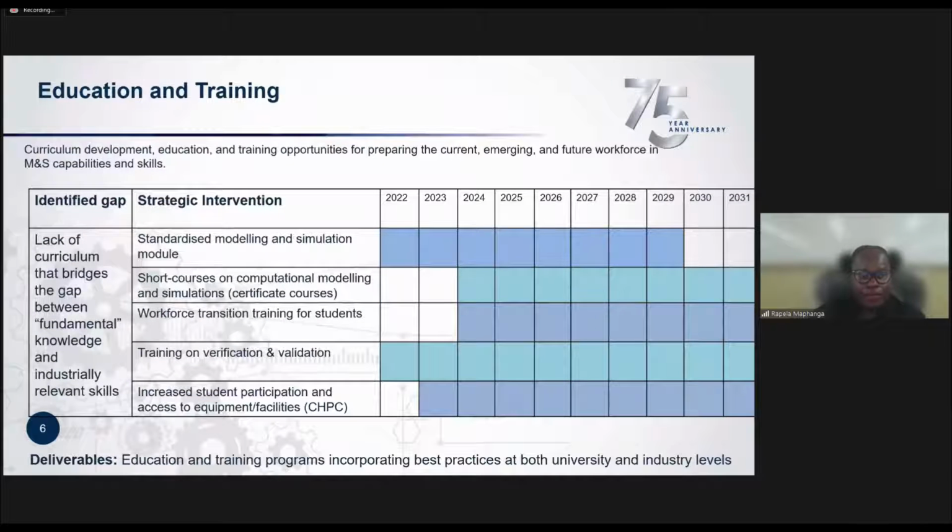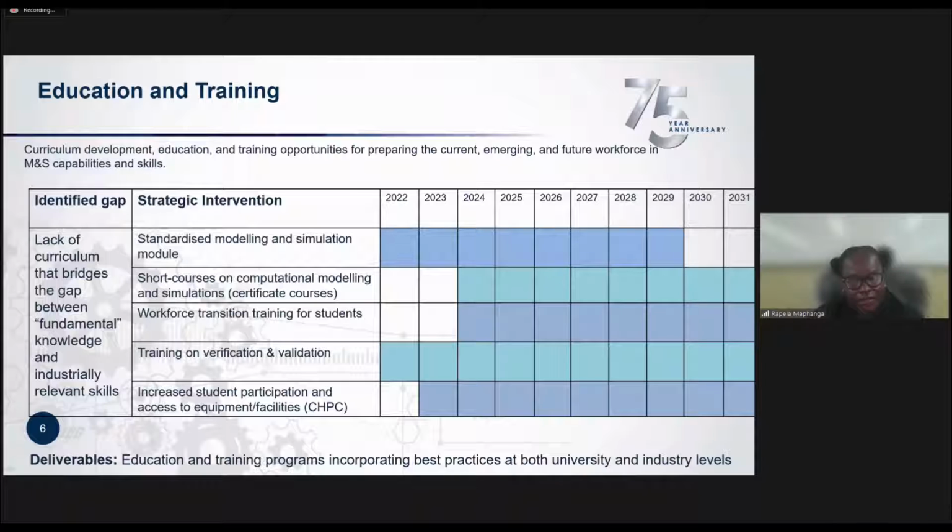Then I talked about the importance of education and training. So this is one of the programs that was identified, and I know that in most institutions at the moment, there are no special programs that are focused on modeling and simulations.